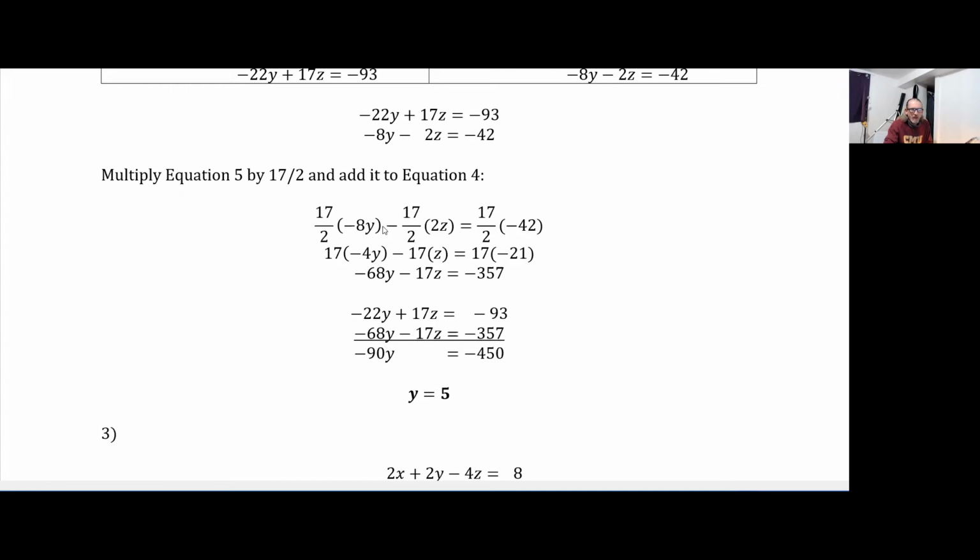I'm going to go back to one of the equations I had up here, equation 4 or equation 5, and plug in that y equals 5 to find out z. And since the numbers are smaller in equation 5, I'll plug it in there. Doing the multiplication, I will get a negative 40. So I'm going to add a 40 to both sides.